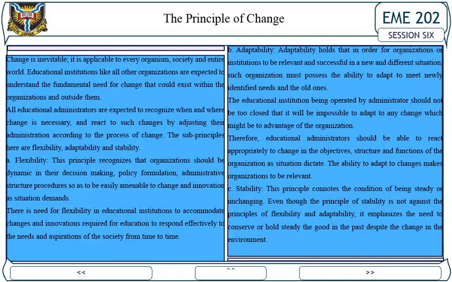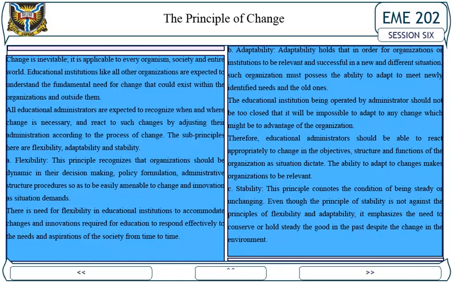Members must accord loyalty to the organization, its tasks, goals, and to those in authority. Educational administrators must learn how to channel individual or group loyalty without abusing or exploiting such loyalty.